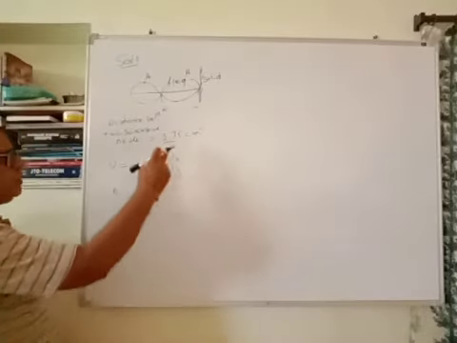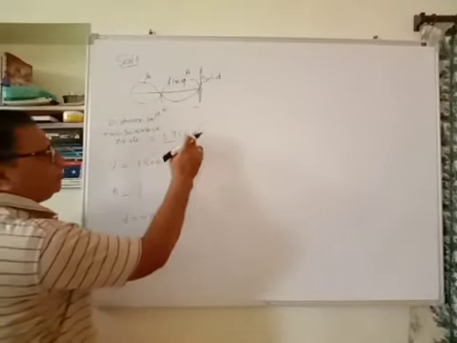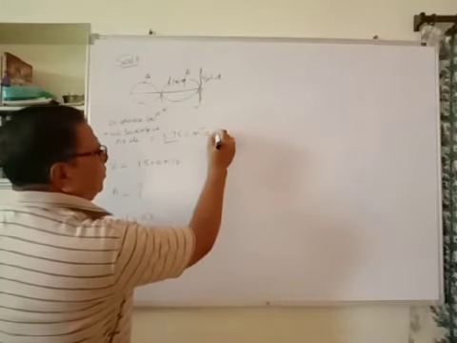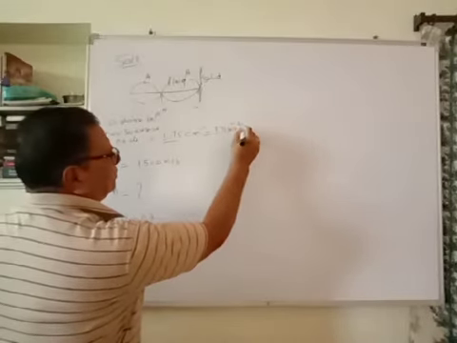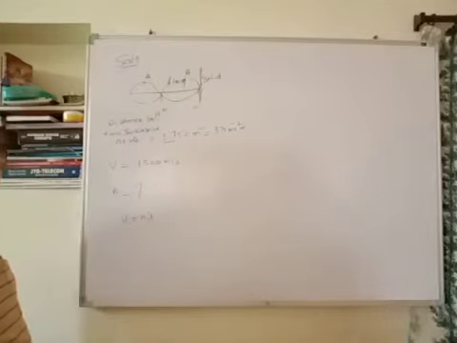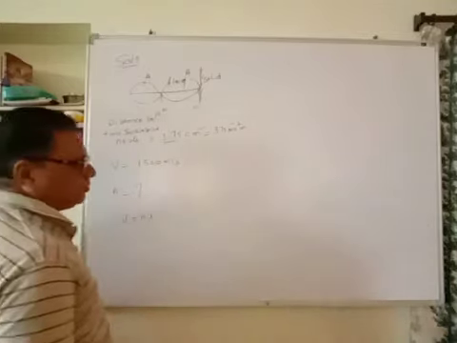So one is in CGS unit and the other is in SI unit. You have to convert it into SI unit: 3.75 into 10 to the power minus 2 meter.